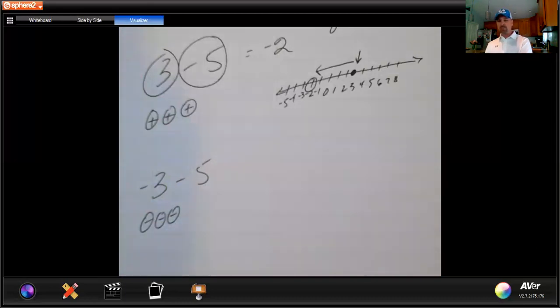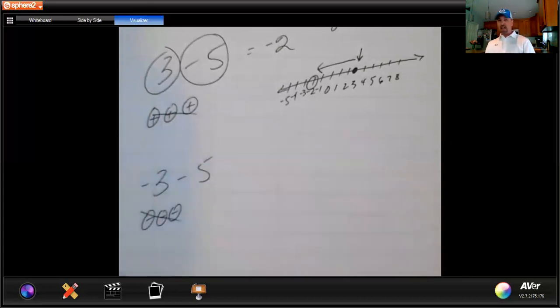That doesn't really make sense with the chips, so I'm not going to worry about the chips. I think it's easiest not to think about the chips at all when you think about subtraction. It works really well for addition and combining, but subtraction's a little bit harder to understand with the chips.